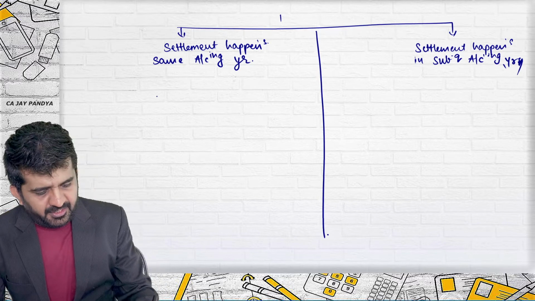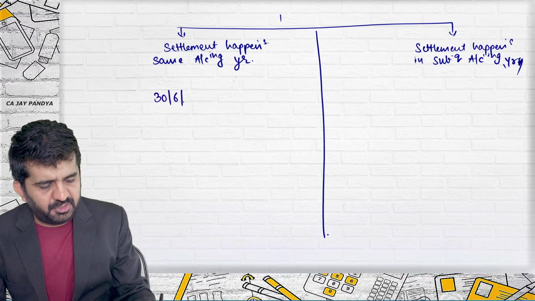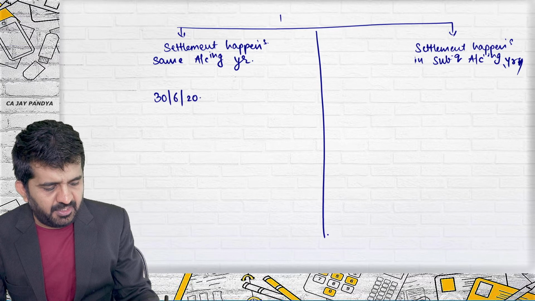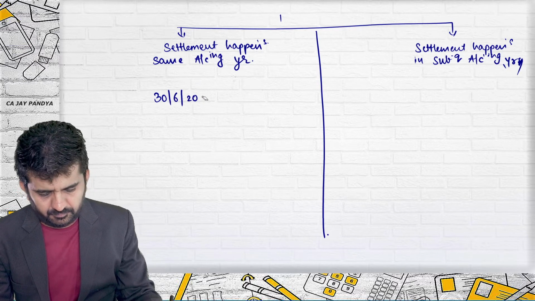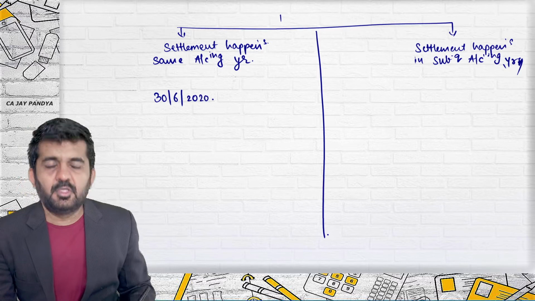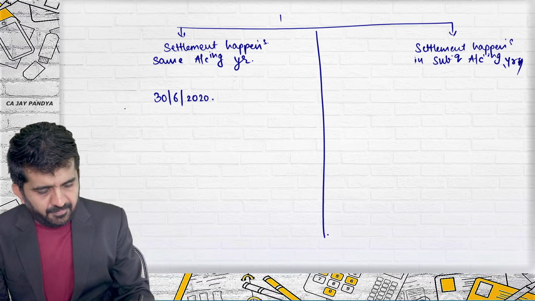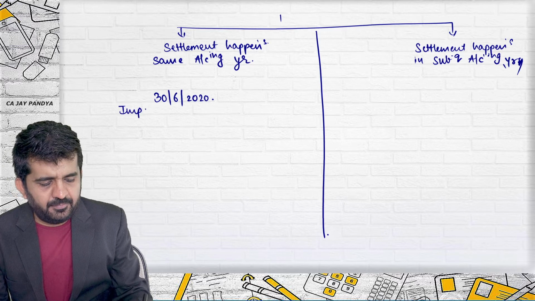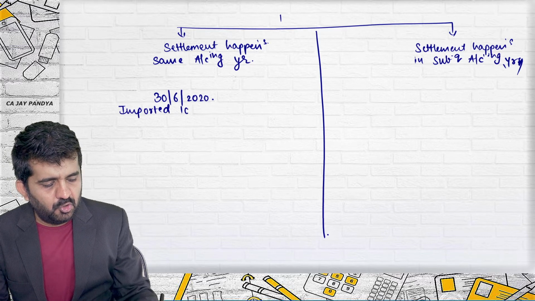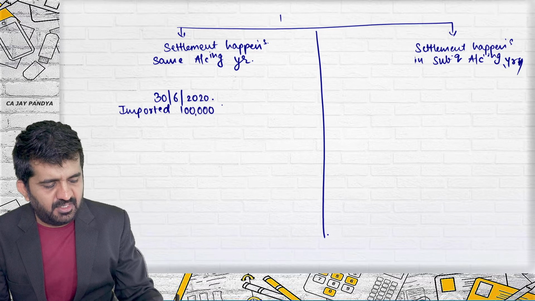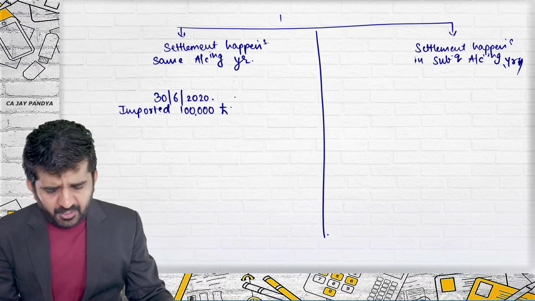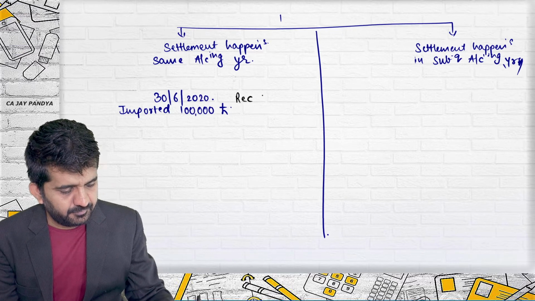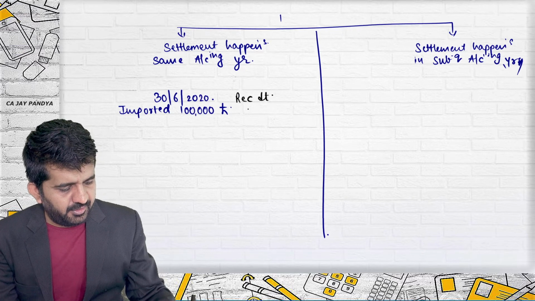Say, try to concentrate. I have imported goods worth 1 lakh pound on 30/6/2020. On the recording date, the rate was 90 rupees per pound.